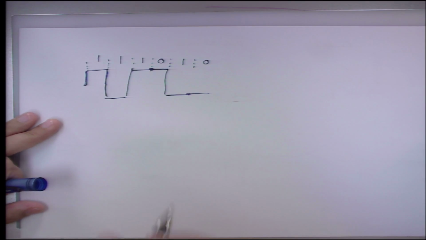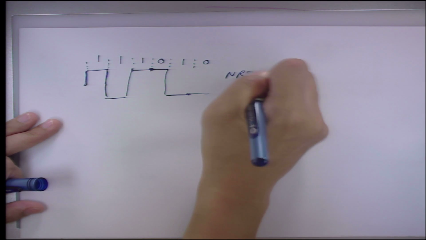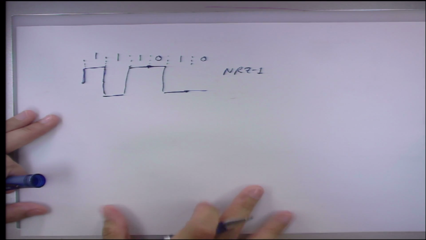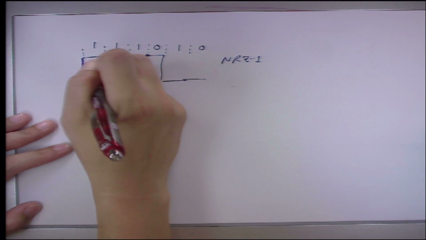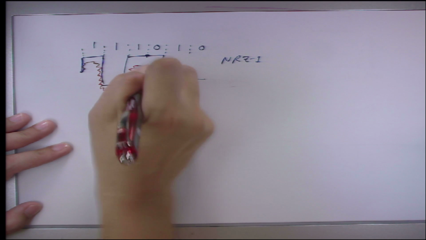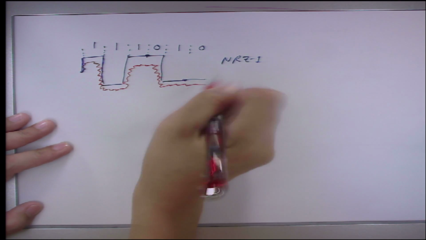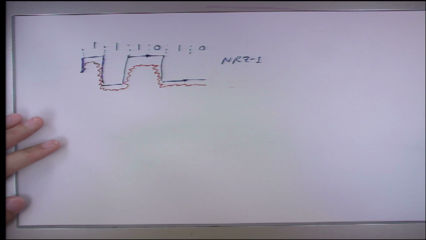So this is an NRZ-I. Now, if there's something wrong, there's noise, and it makes the signal look like this. If you do NRZ-I, you will still see the transition.